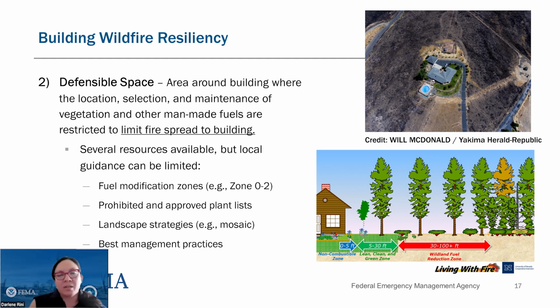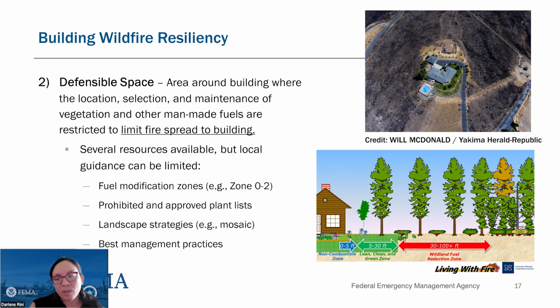Typically defensible space is organized around what they call fuel modification zones. There are still some inconsistencies in how these zones are identified, but a common delineation is zones 0, 1, and 2. Zone 0 typically encompasses the distance from 0 feet from the structure out to 5 feet, and that zone is typically considered a non-combustible zone or an ember resistant zone.